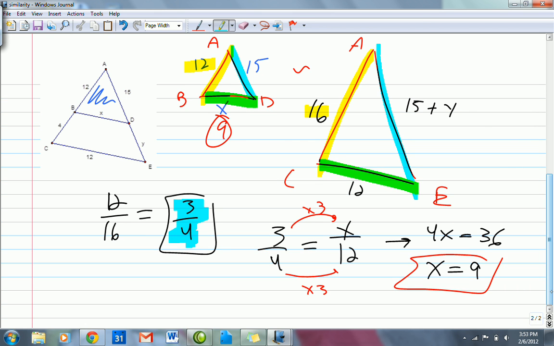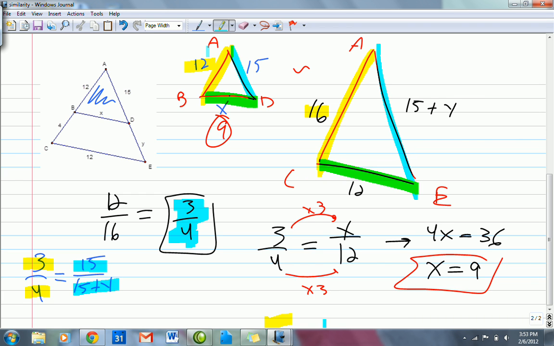So that same 3 to 4 ratio, which must be preserved, which I got from 12 to 16, has also got to be equal to 15 over 15 plus y. Following the colored patterns, here's my 12 to 16, yellow to yellow, same thing as 3 to 4, equals 15 over 15 plus y.